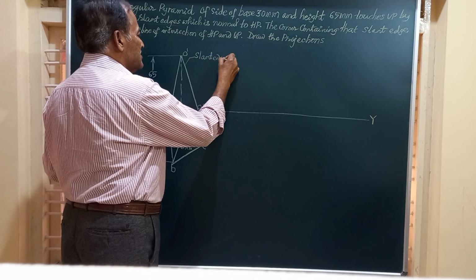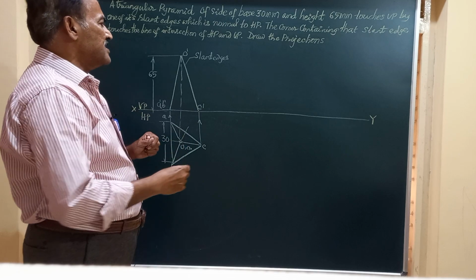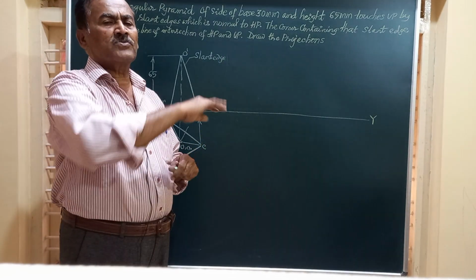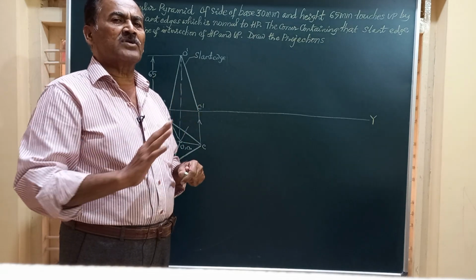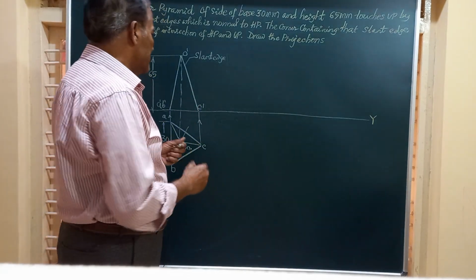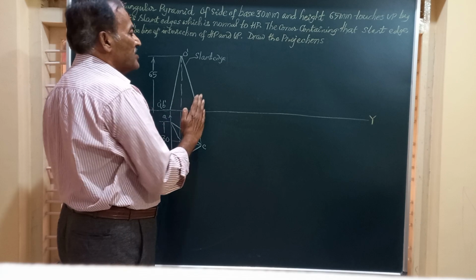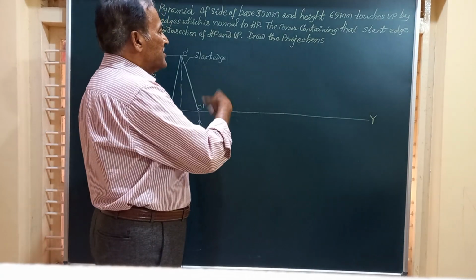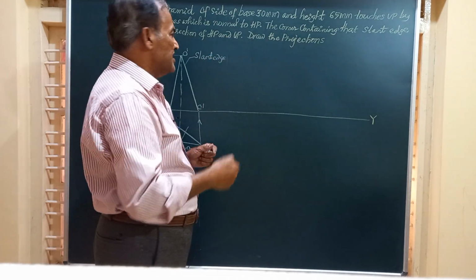Now friends, this slant edge O dash C dash should lie on the vertical plane. In other words, you have to make it first of all vertical so that you can push it to the front to make it rest on the vertical plane.